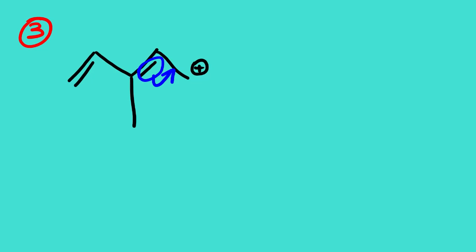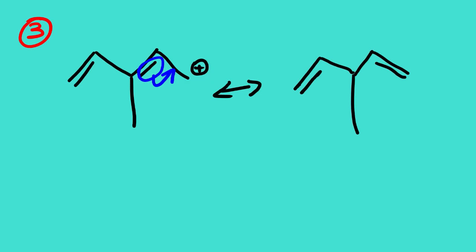So when we move this pi bond to that new position, we are going to have something like this. Then we still have our pi bond there, and then the positive charge will jump 2 carbons away from the new position. Then we are going to have our positive charge here.